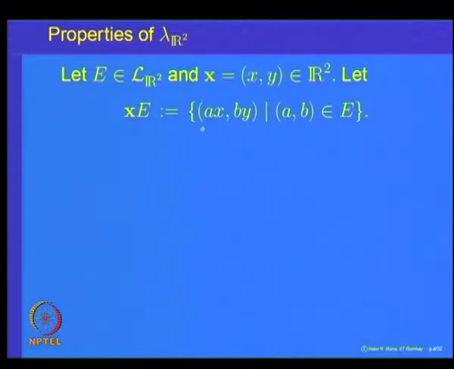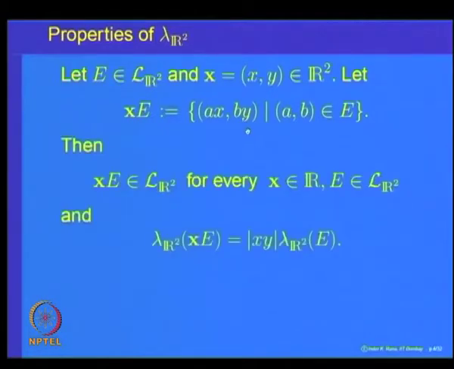Let us define the vector x dot E to be equal to a x comma b y for every element a b in E. That means the x coordinate is multiplied by x and the y coordinate is multiplied by y for every element a b in E. So, the first coordinate a goes to a x and the second coordinate b goes to b times y.